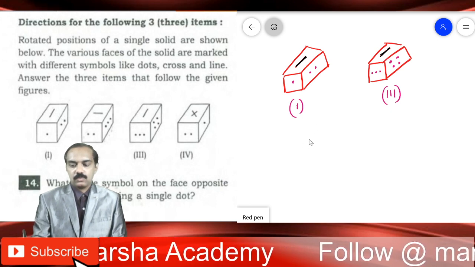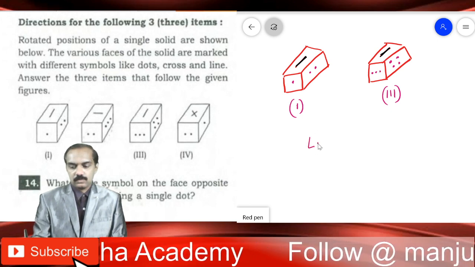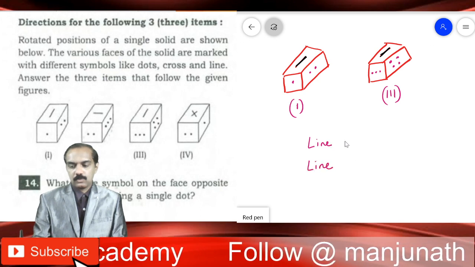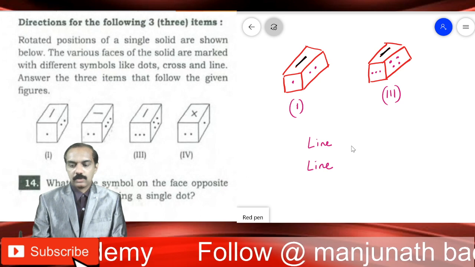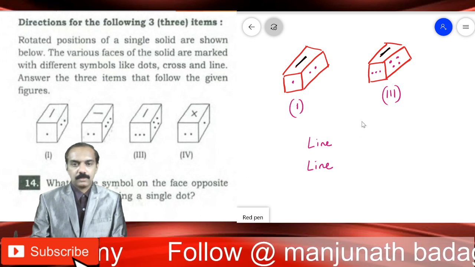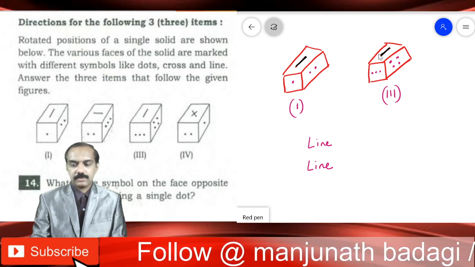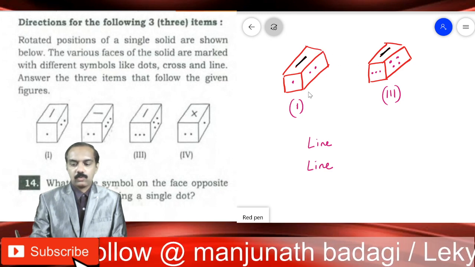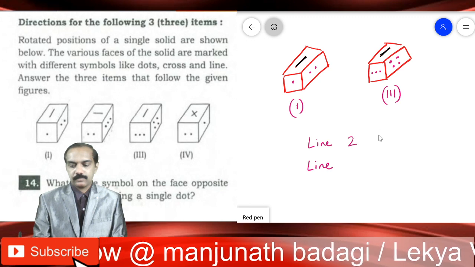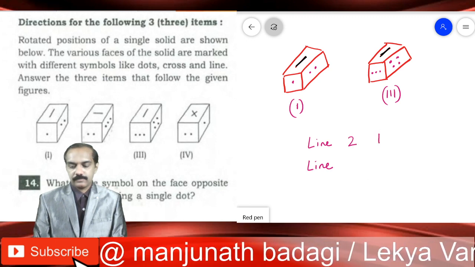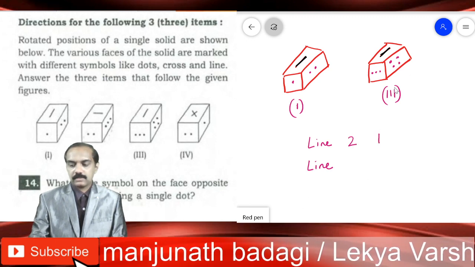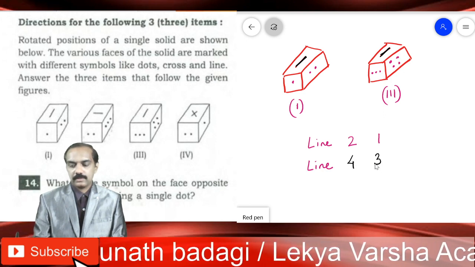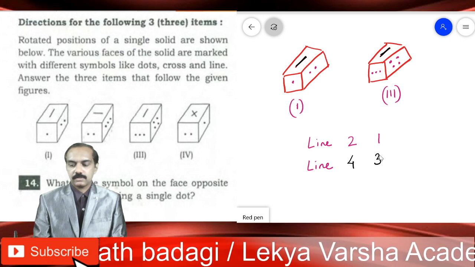So if you go in the clockwise direction from that line which is in common, here it will be 2 and 1, and in the third position it is 4 and 3, right?